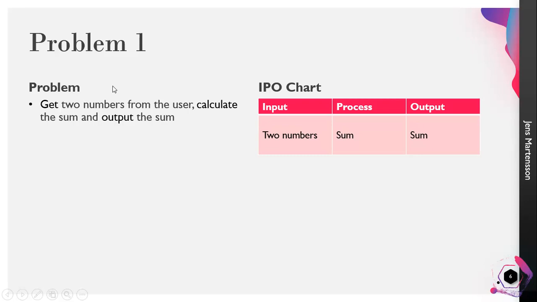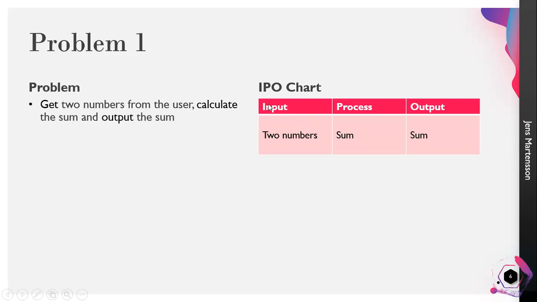So you will realize, students, that whatever comes after your input keyword usually indicates your input, and our process keyword is calculate. So generally what goes after your process keyword, which is calculate, would be what your process is going to be. And in this case, it is a sum. And for our output keyword here, we have the word output, and obviously it is the sum.